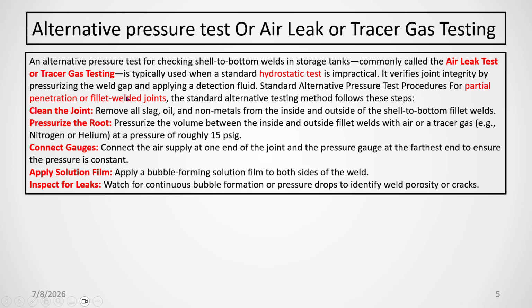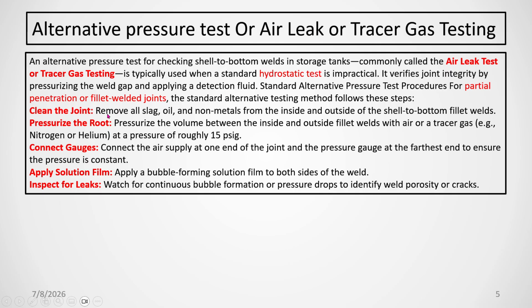There you can do this alternative pressure test, air leak test or pressure gas leak test. Normally it is done for partial penetration or fillet welding joints. There are butt welds, fillet welds, and partial penetration, not full penetration. For this type of joint, you can do this alternative pressure test or air leak test.